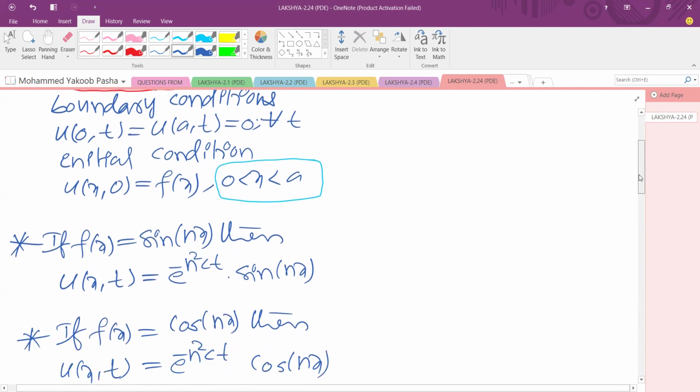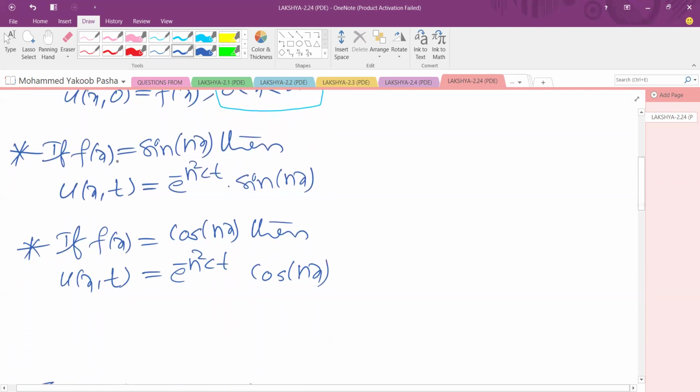In this case, we can use shortcuts. Whenever f(x) = sin nx, we can write the general solution u(x, t) = e^(−n²ct) sin nx. Here we take the n value, square it, and substitute it, giving −n²ct.